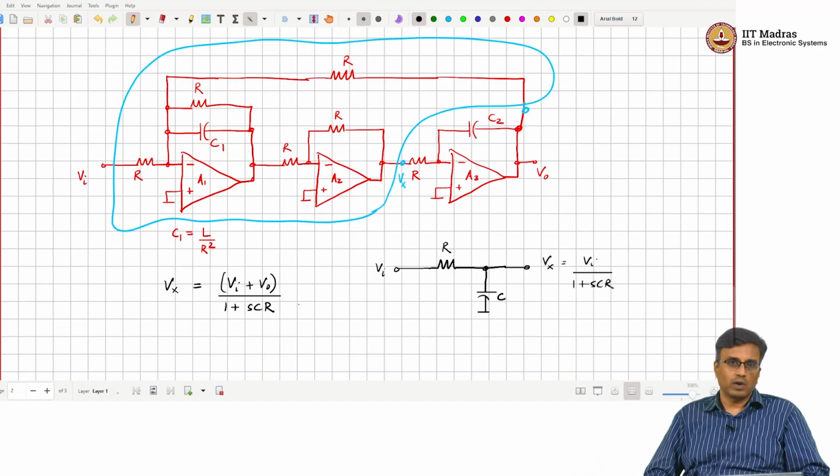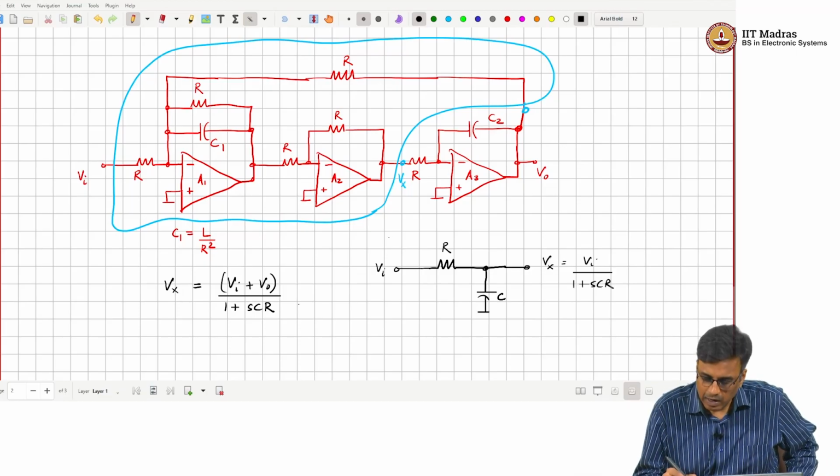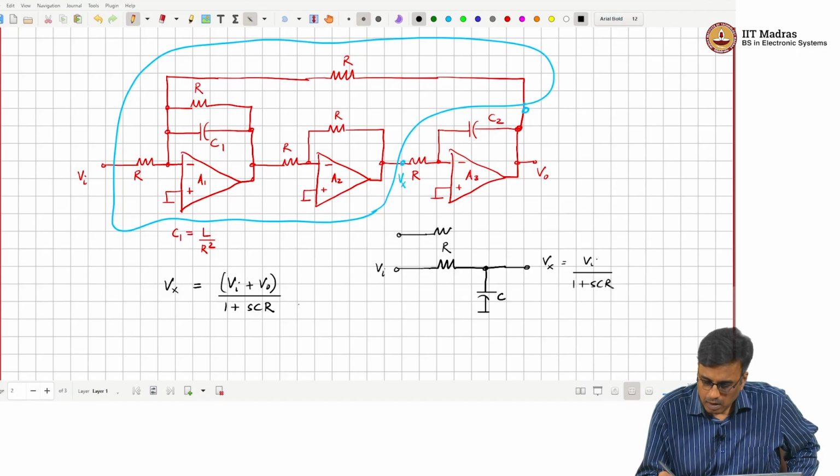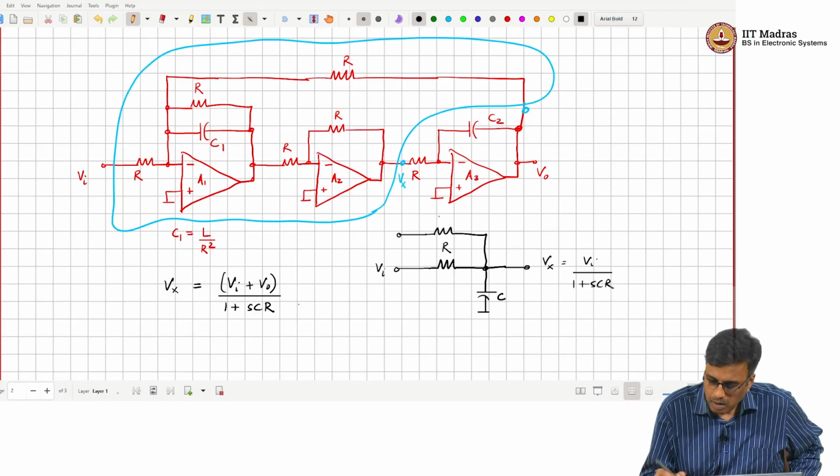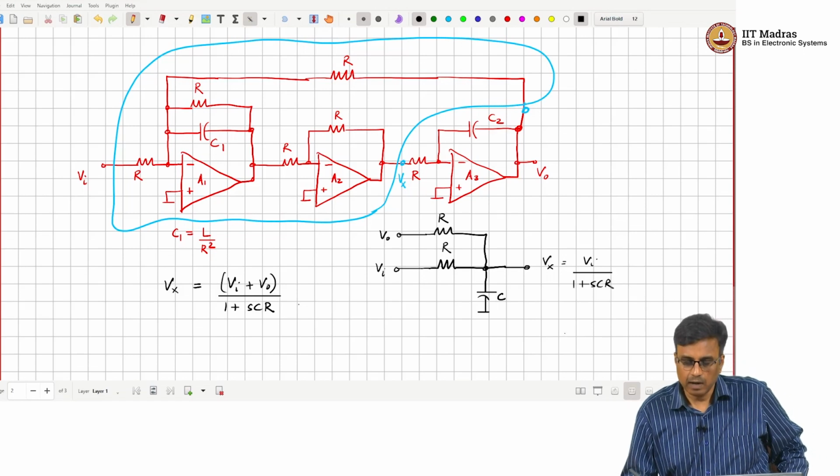So, what do you think we can do? Add another branch in parallel with R. Okay, so if we do this, what is the transfer function we get?